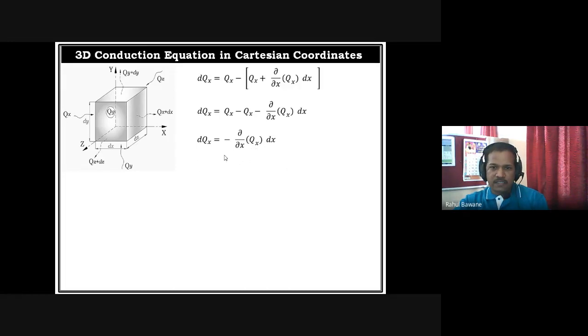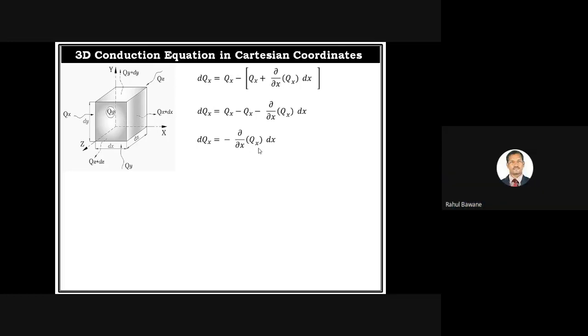So actually this much amount of heat is accumulated inside the element when heat is flowing in the direction of x only. Now here we are going to put the value of qx. So it becomes minus del by del x of minus kx Ax del T by del x into dx. Remember, this is not del x, this is the thickness of the path, so dx.